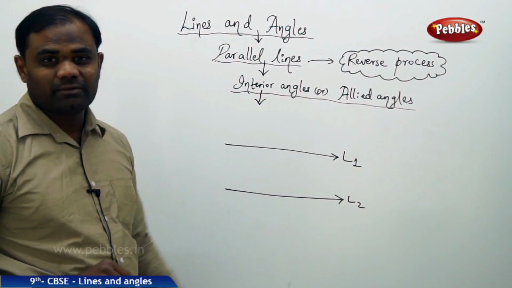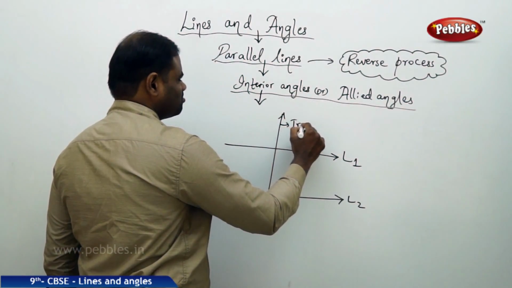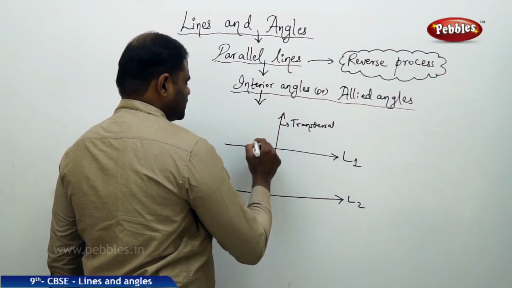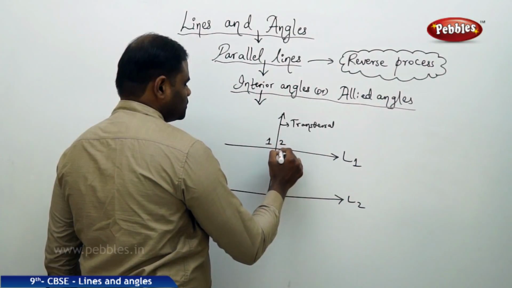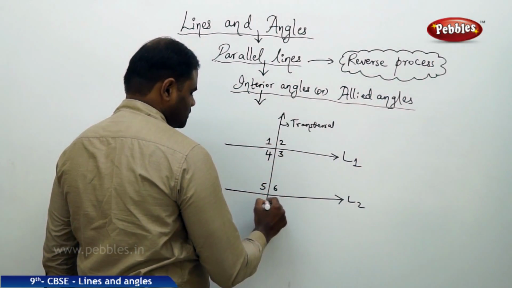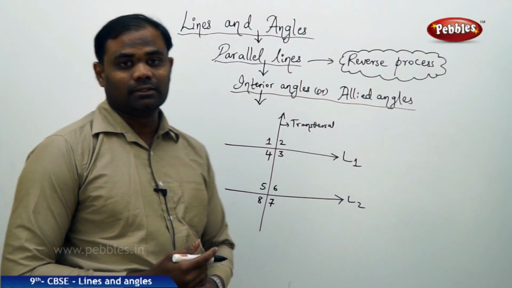These two are the lines L1 and L2 divided by a transversal. It makes angles 1, 2, 3, 4, 5, 6, 7, 8, which is how I get 8 different angles.